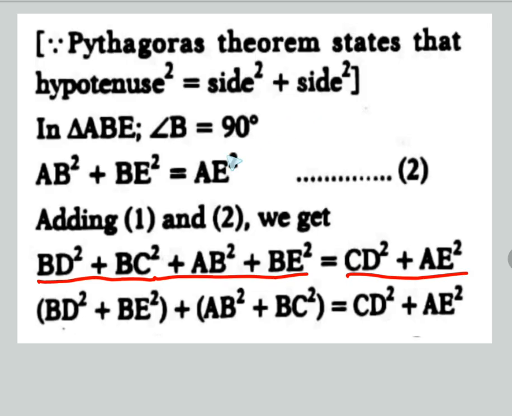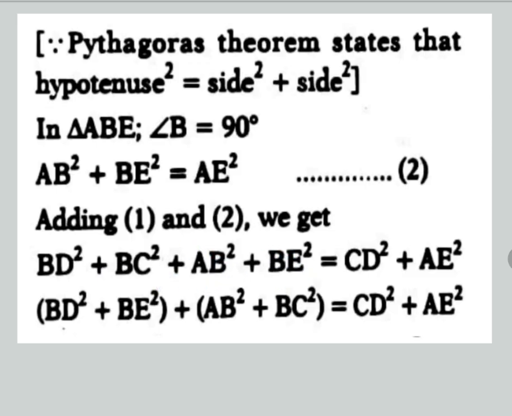One is BD square plus BC square is equal to CD square. Two is AB square plus BE square is equal to AE square. Therefore, this is equal to BD square plus BE square plus BC square plus AB square.